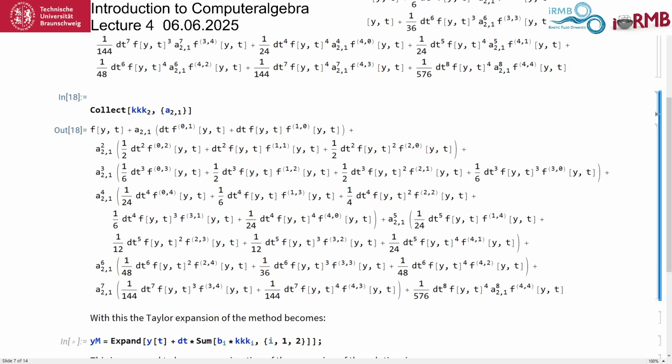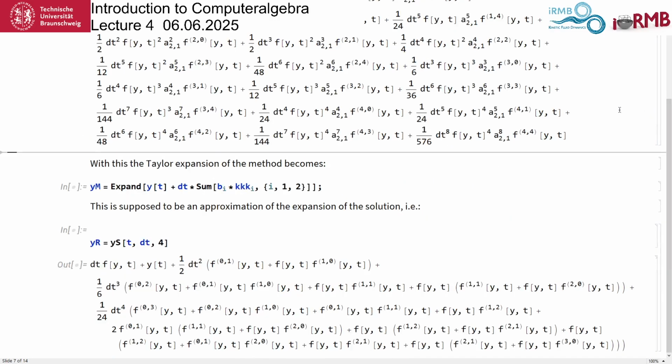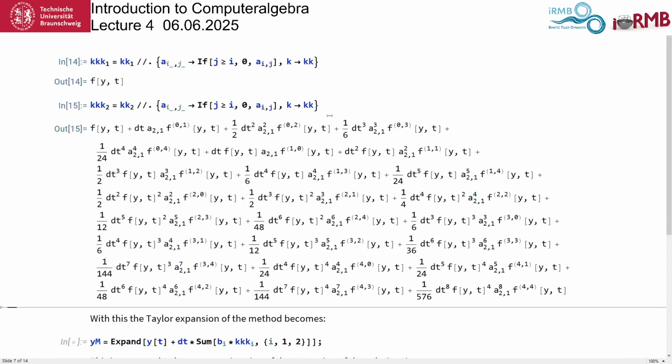Okay, I'm going to delete this here again. Now this is only the Taylor expansion of our auxiliary variables. What we want to know is the solution of our method.